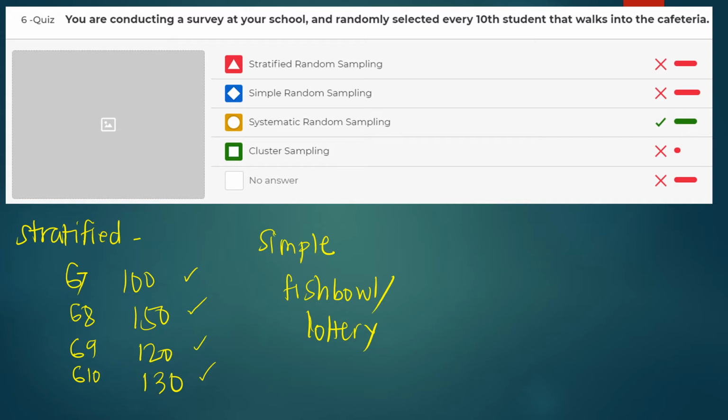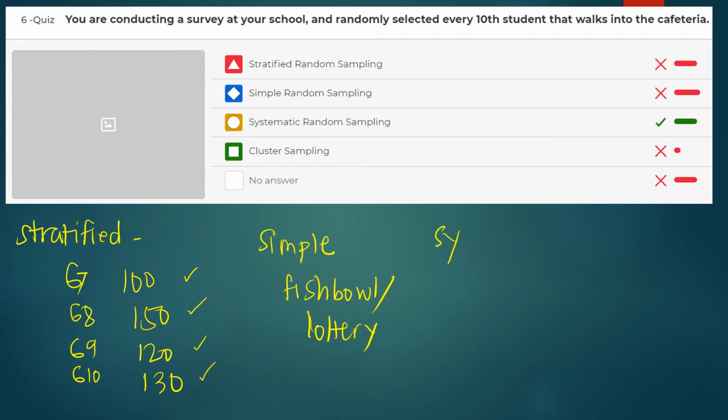Sa simple random sampling, possible dahil random yung pagkuha natin ng elements, possible na mas maraming makuhang grade 7 or possible na walang makuhang grade 9 kasi it depends on the luck. Yung luck na makuha yung particular na element from the population. Okay?